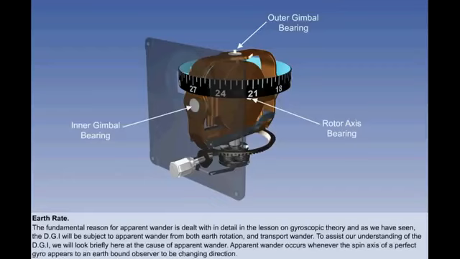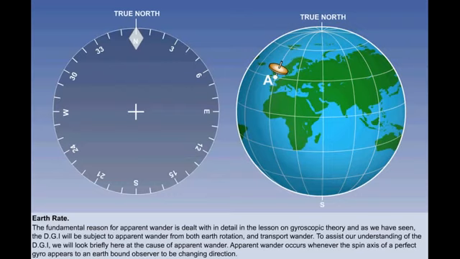Apparent wander is said to occur whenever the spin axis of a perfect gyro appears to an earthbound observer to be changing direction. One of the properties of the gyro is its ability to maintain its spin axis in a fixed direction in space.